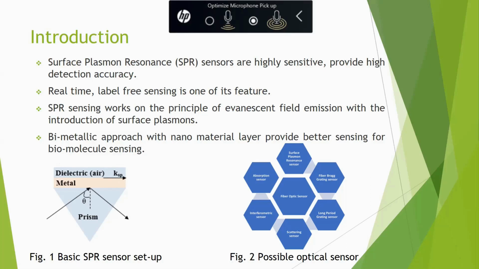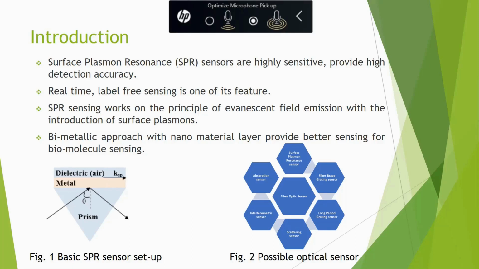So we need to put our analyte at the surface such that the evanescent wave which is generated will interact more and more with the analyte to see the change in the resonance condition.